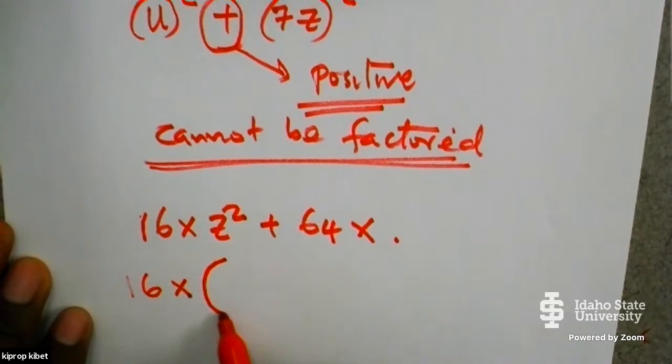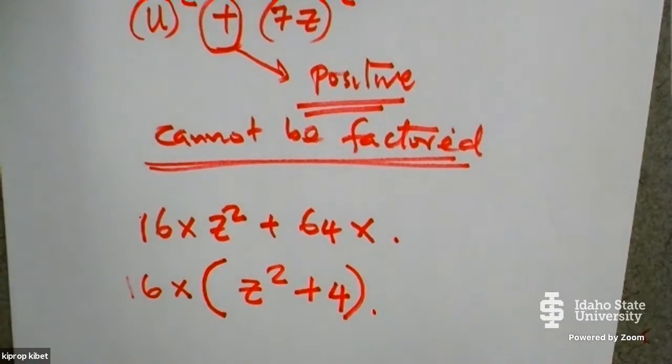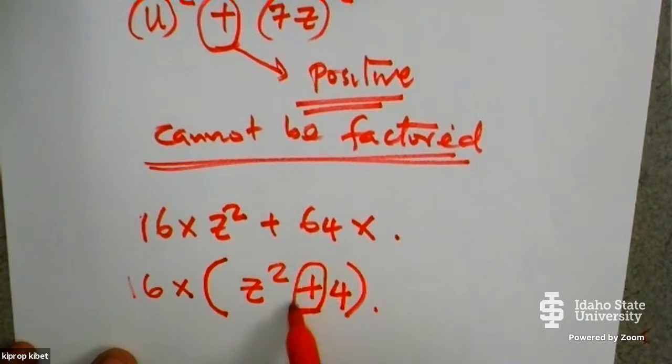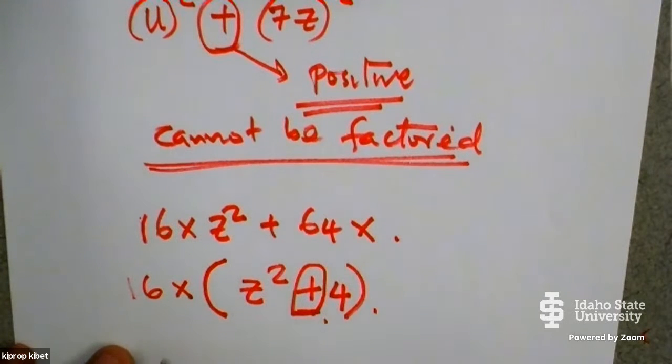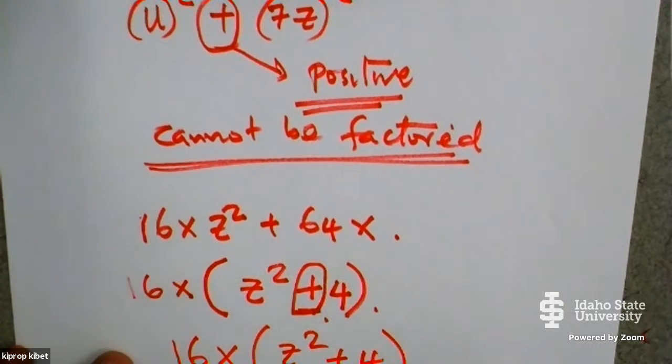When you factor out 16x, you get z squared plus 4. Now, since this is positive here, we cannot factor it. So that means we have factored this one completely, which will now be our answer.